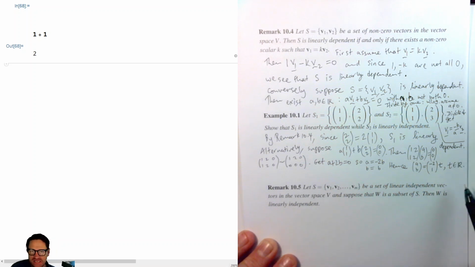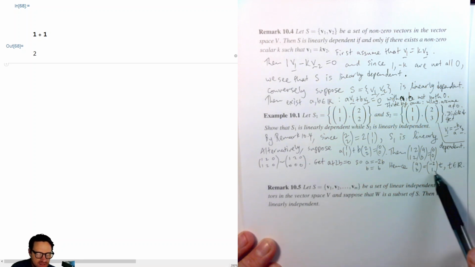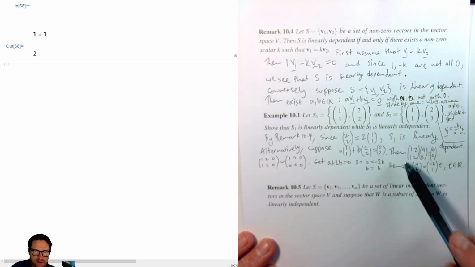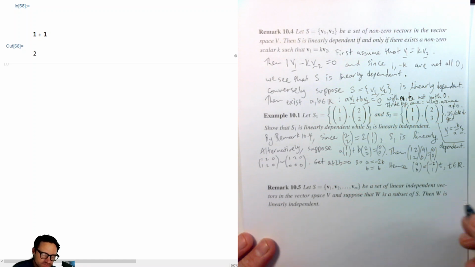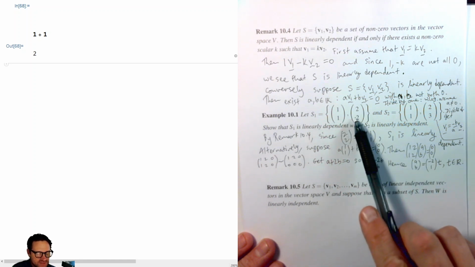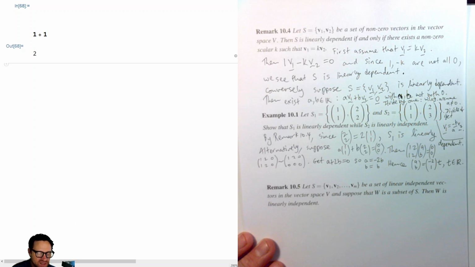Okay, so what I've done here is calculated a basis for the null space of this matrix right here. All right, but we will get to those concepts soon enough. Okay, and so this shows you that these two vectors here are linearly dependent, because the a and b are not both 0 here.